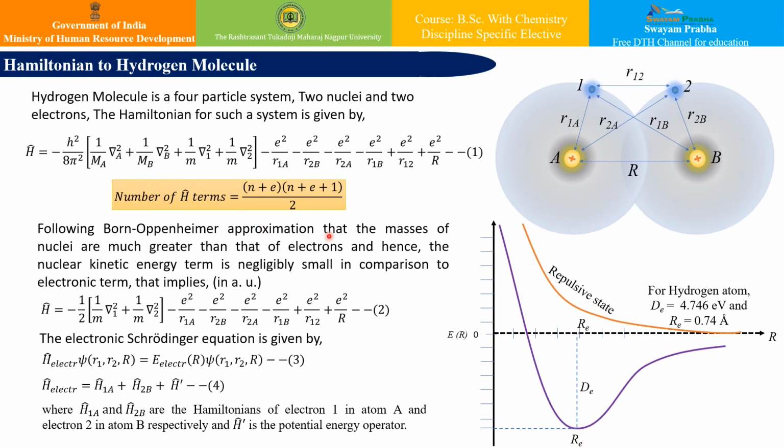The nuclear kinetic energy term is negligibly small in comparison to the electronic term. And then if we write down this Hamiltonian in atomic units, I can reduce this expression to this form, that is the Hamiltonian is equal to minus half of, in brackets, the electronic term, and then the remaining potential energy terms.